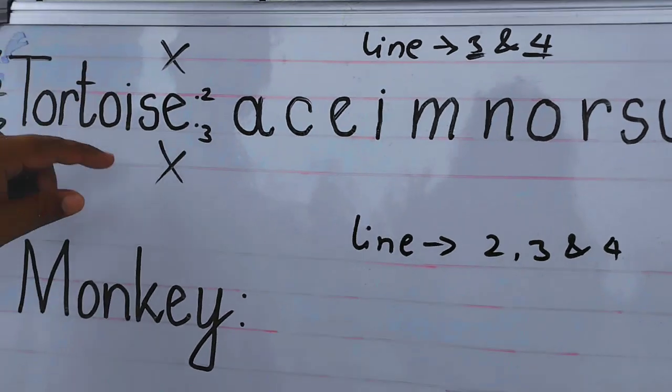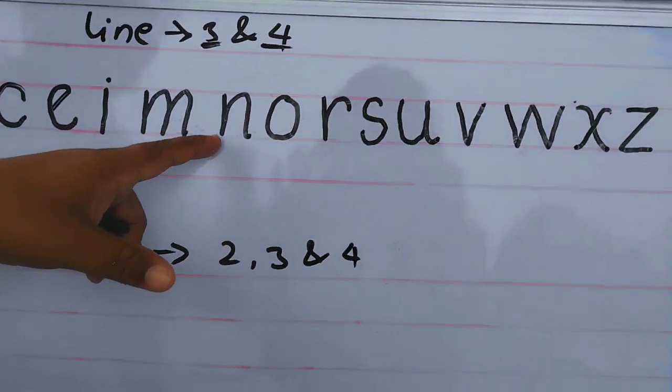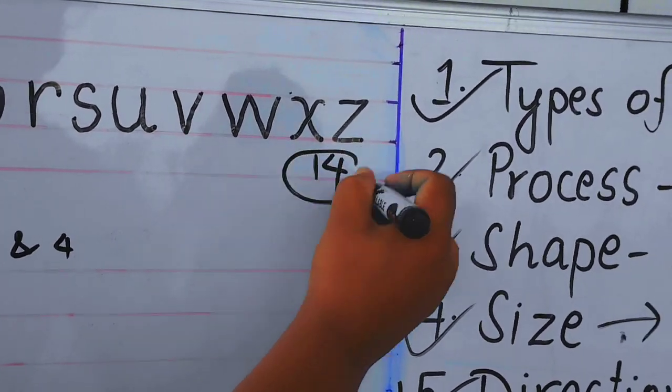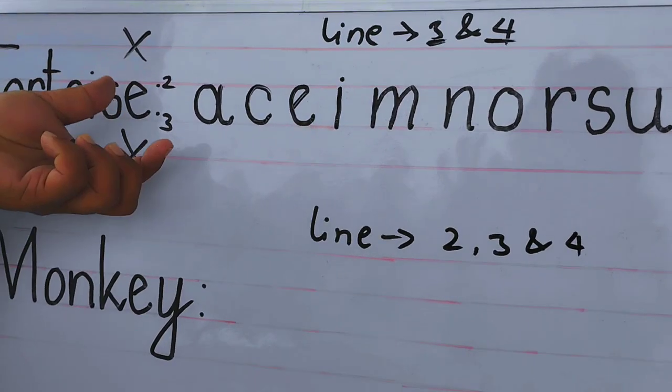So these all are tortoise letters: 1, 2, 3, 4, 5, 6, 7, 8, 9, 10, 11, 12, 13, 14. 14 tortoise letters. You write within the second and third line.